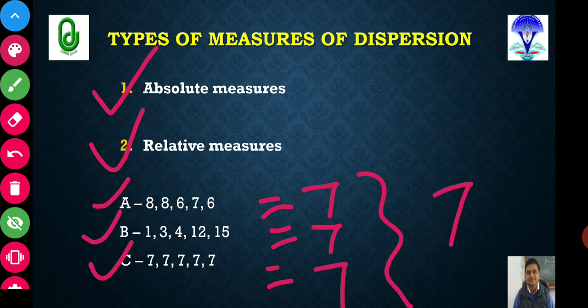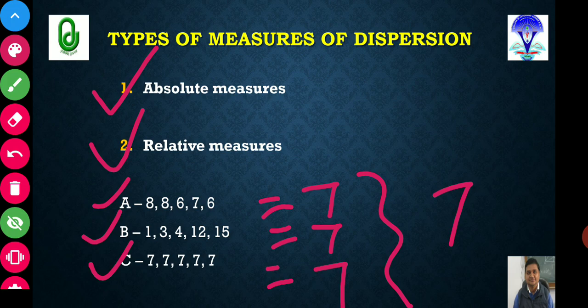If we simply look at the mean of these three data series, we will not get any idea how they differ from each other. But if you see the data of each series individually, these three series are entirely different from each other, though the mean is the same, 7.